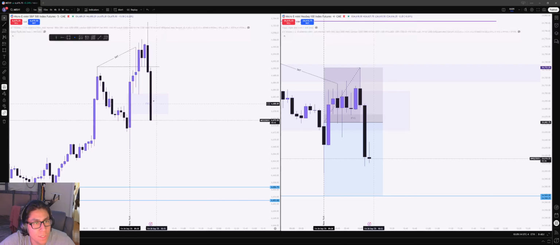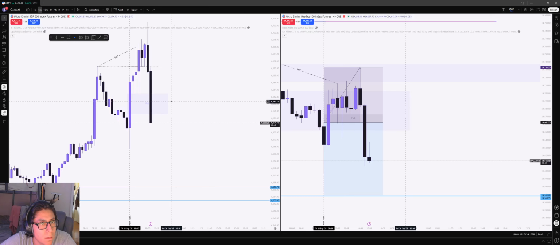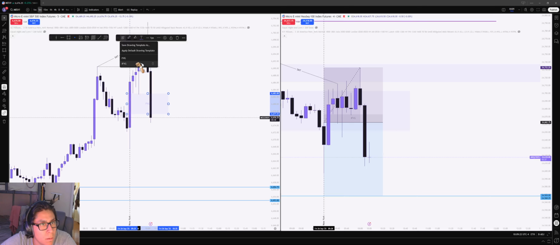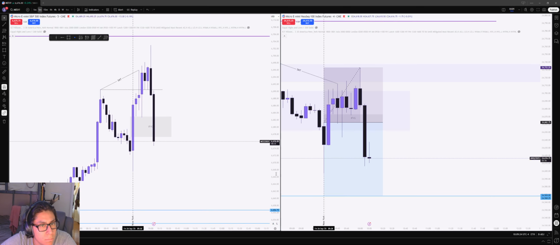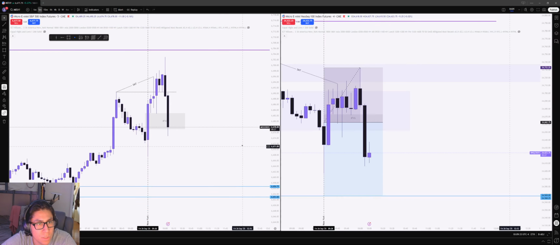And in this case here, we have this 5 minute inverse here now. Not yet, but it's about to. Hopefully this gets inverse. This could act as a potential retrace back down towards the sell side.